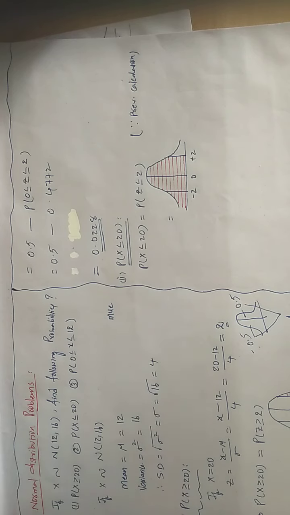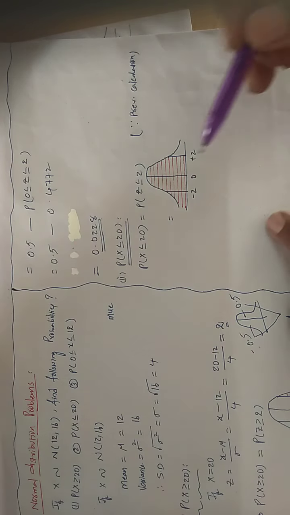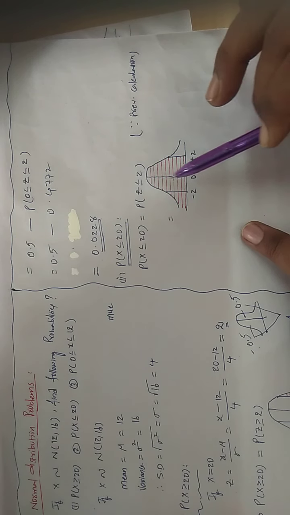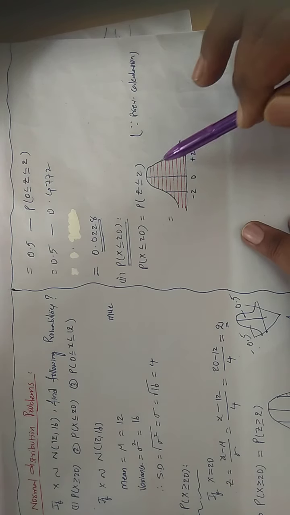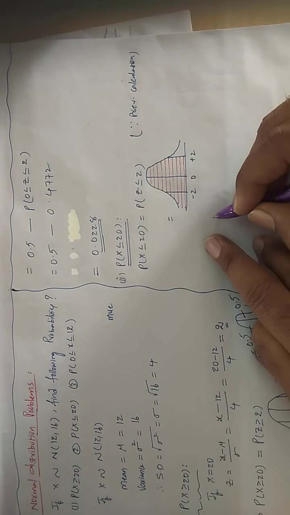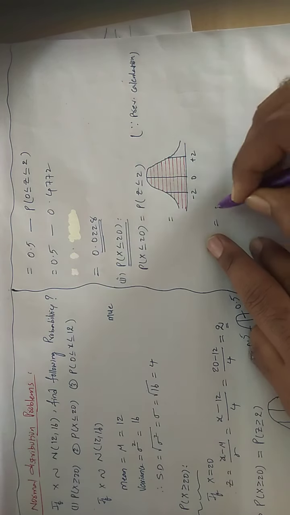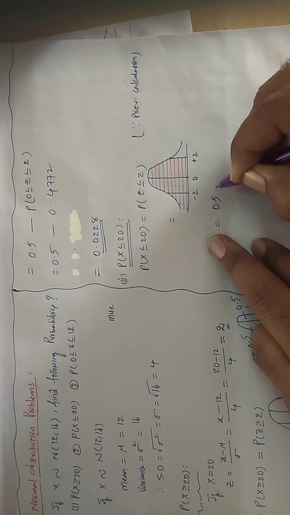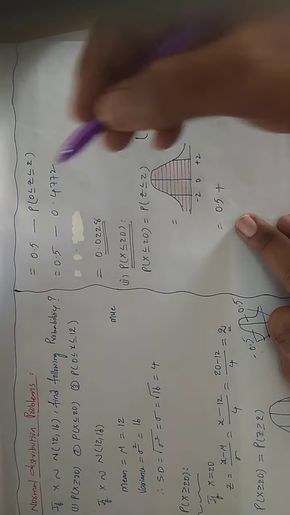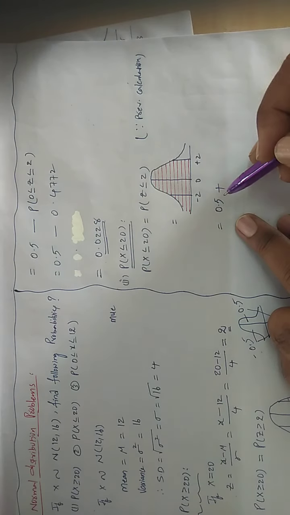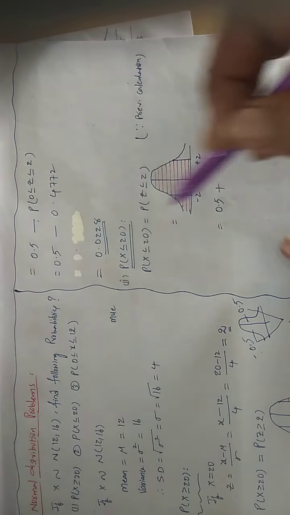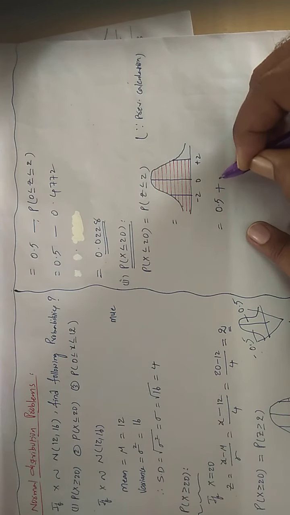Now, as you already know, the total probability is equal to 1. The left hand side of this bar is 0.5 and this probability we read out from the tables. So directly what I am writing now, this part we know: 0.5 plus. Now how to write this part? Just like the previous step, but instead of minus, you are getting plus here. That is the change. But why minus there and why plus here, you should understand that logic.